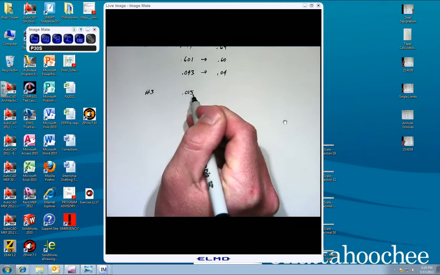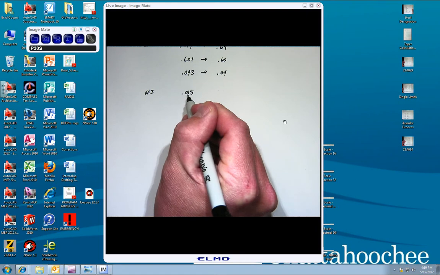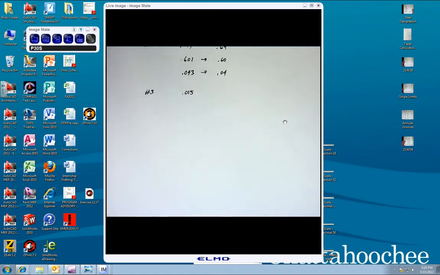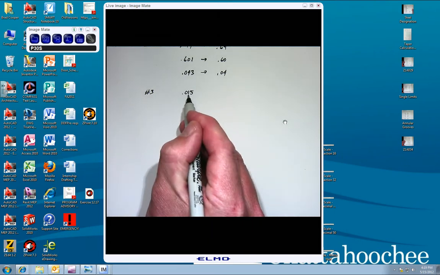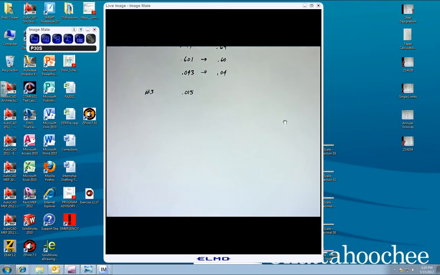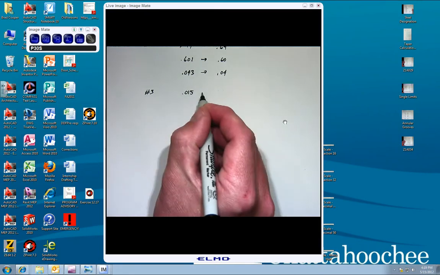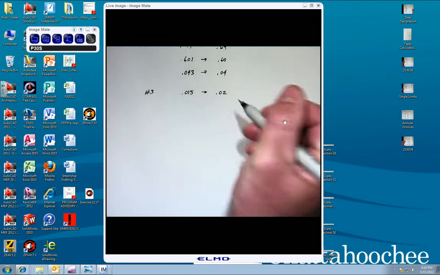The last number we're going to keep is odd. So that's what rule 3 says, when the figure following the last digit to be retained is exactly 5 and the figure to be retained is odd, which is the 1, it says increase the last number by 1. So we just want to up that by 1, and that would make that 0.02.